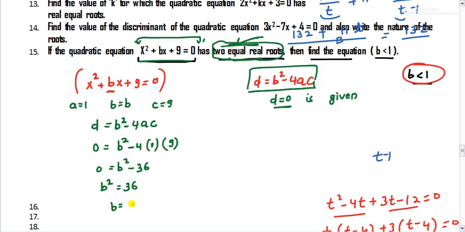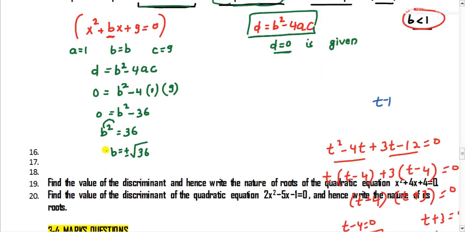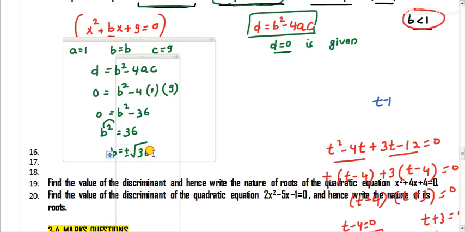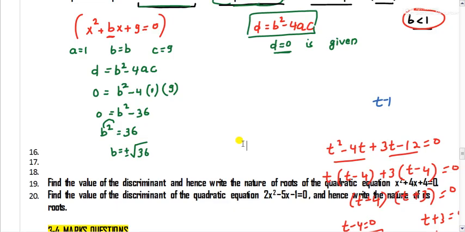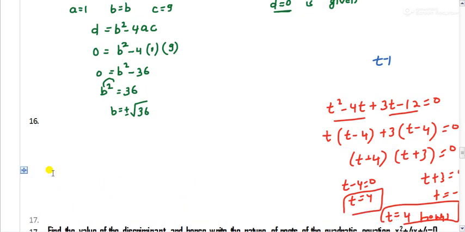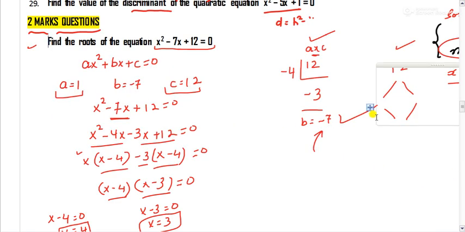So b, if you solve, it becomes root 36 plus or minus. Why am I putting plus or minus? Because the degree is 2. So whenever the square goes to RHS, it becomes plus or minus root 36. The reason is because degree 2 has two values for it, two roots.